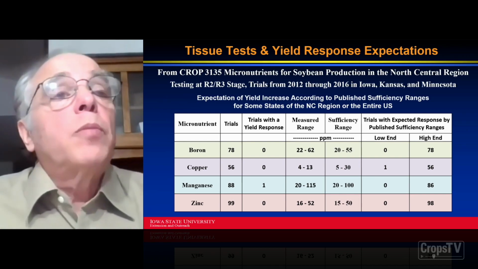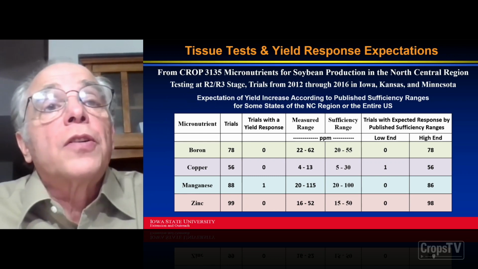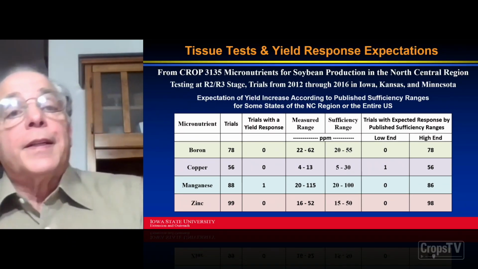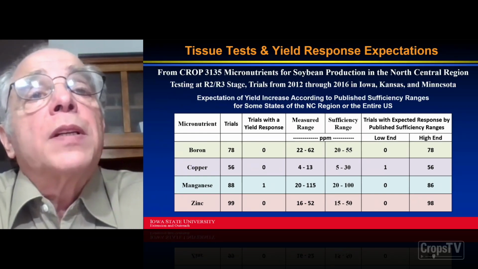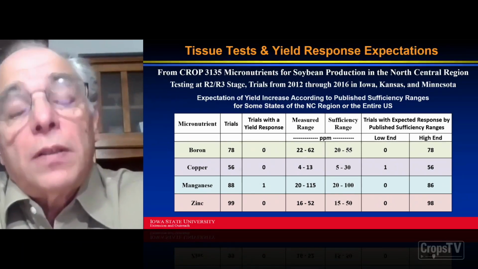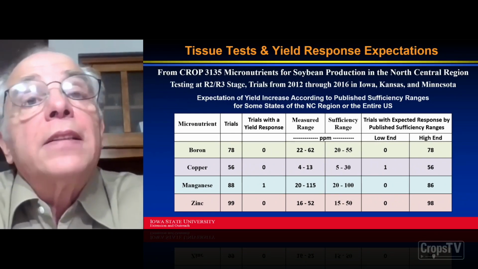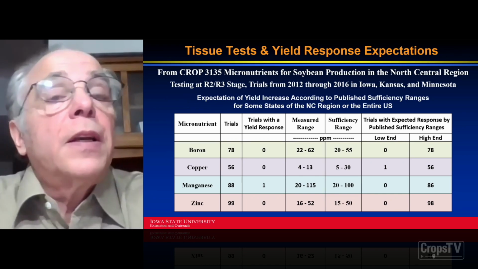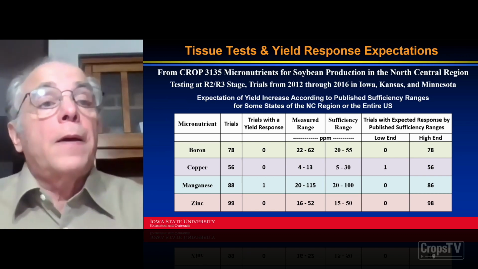When we were working in that publication, Crop 3135, this North Central Region soybean publication, we pulled together data, especially from trials done from 2012 until 2016 in Iowa, those trials that I mentioned, but then several more in Kansas and also Minnesota. So we worked together and pulled together all this data. They didn't find any response either, okay?